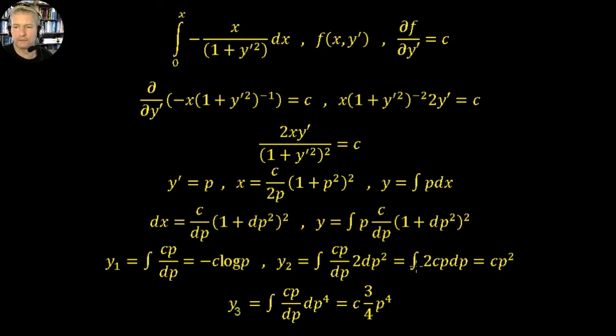So that's the same as the integral of 2cp by dp, which is the value of cp squared. And the y3 is going to be the integral of cp upon dp, dp to the 4, which gives a value of c 3.4 p to the 4. Okay, so take your time and work your way through these and convince yourself that you actually get these here. So let's finish it off on the next page.